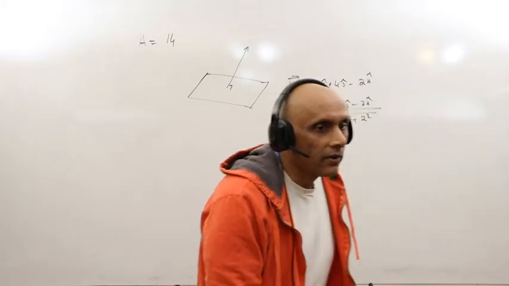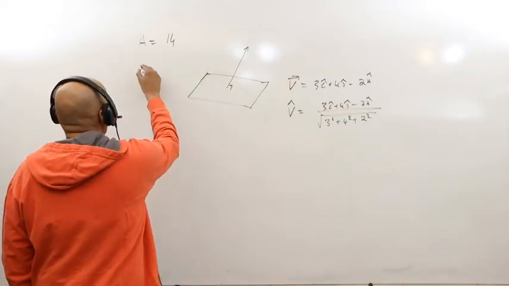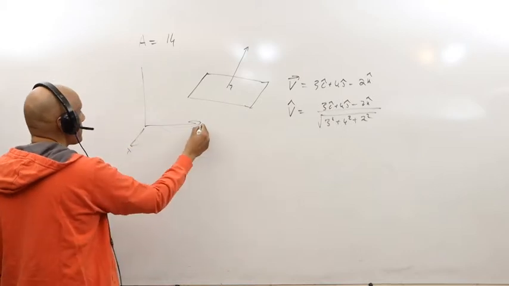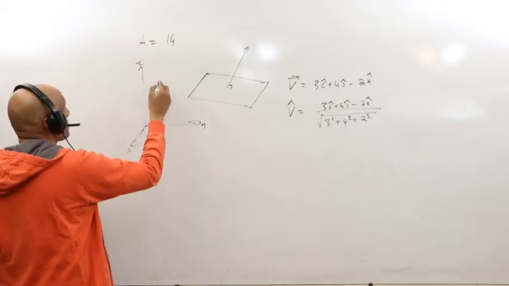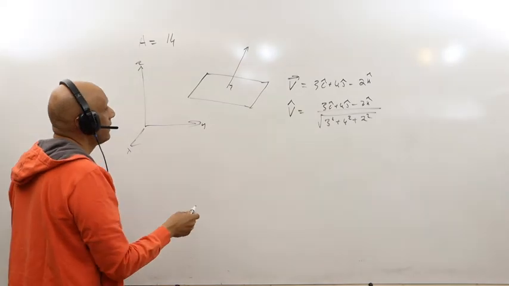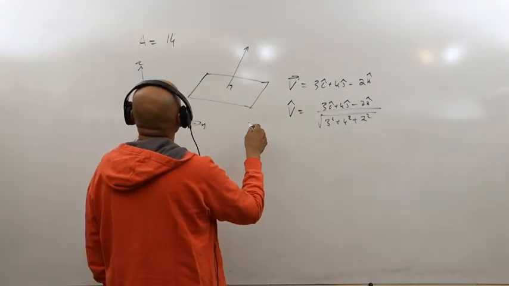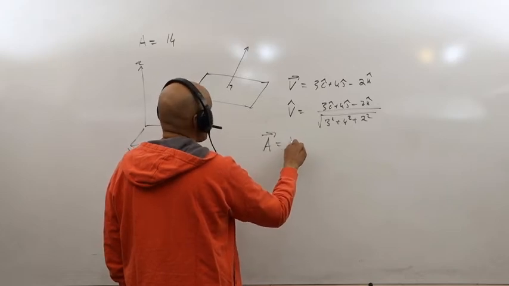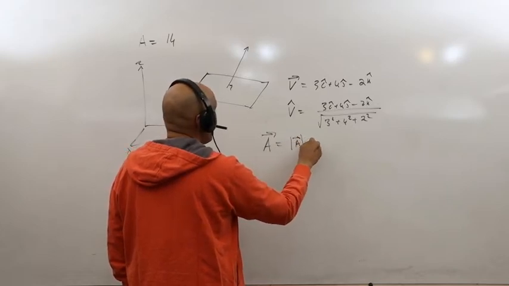Find the vector area. So we have some coordinate system. This is your x-axis, here's a y-axis, and here's your z-axis. We have some rectangular plane. The vector area is basically the magnitude of the vector area times the directional vector.